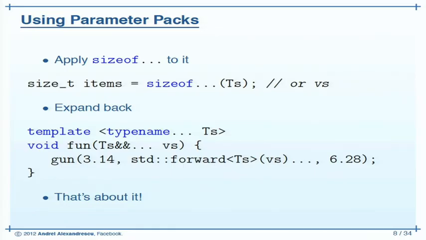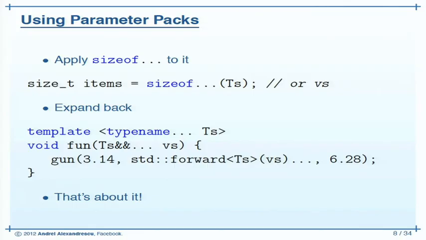Just for the sake of example, it adds a new argument, a floating point value, at the end, just because I can. And here, this is the interesting part. The interesting part is we apply the expansion operator, which is very fittingly dot dot dot, and what's going to happen here is that dot dot dot is going to expand everything that is to its left in ways that we're going to explore. Okay?